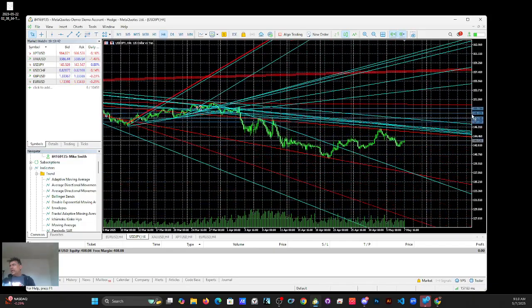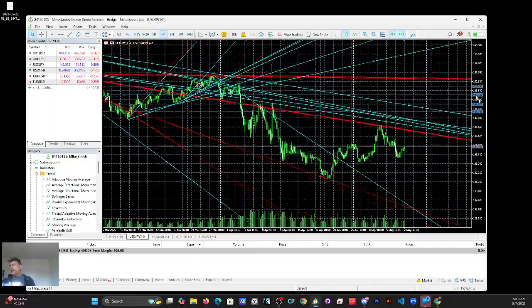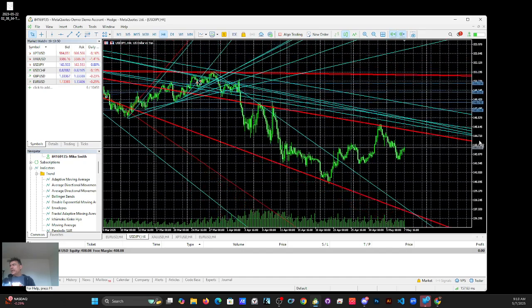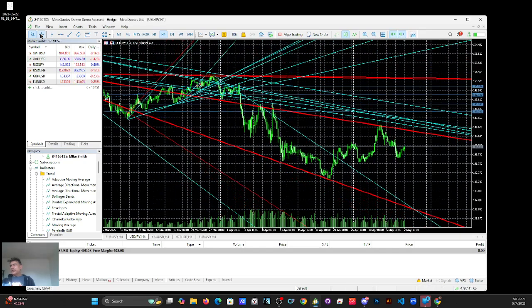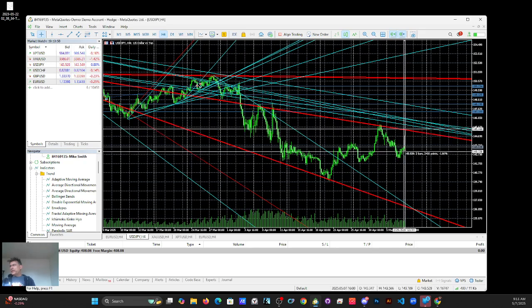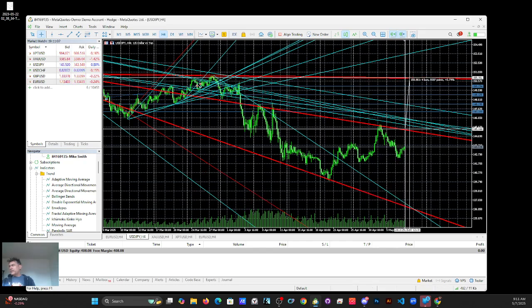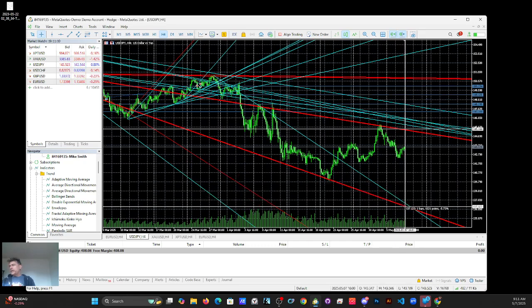But as far as the near term risk reward regions, you can see that it is favoring the below targets. And the current price value here, the risk region is about 530 pips away, and the reward region is about 830 pips away.